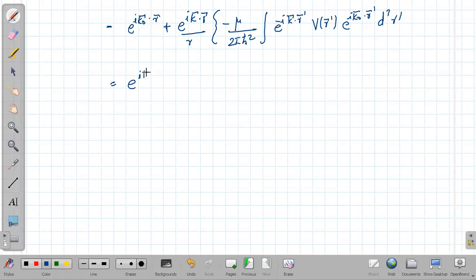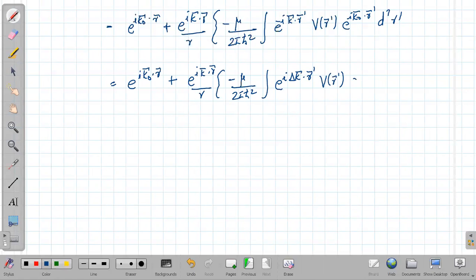Therefore, this becomes e raised to i k0 dot r plus e raised to i k dot r upon r minus mu upon 2 pi h cross square integral e raised to i delta k dot r prime v of r prime d cube r prime, where this delta k is given by k0 minus k.